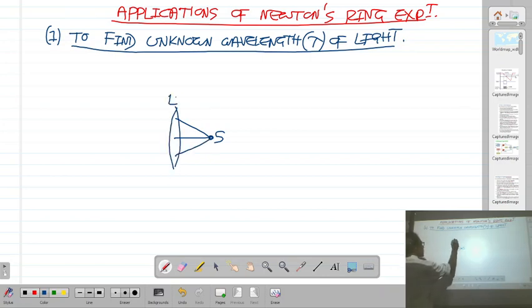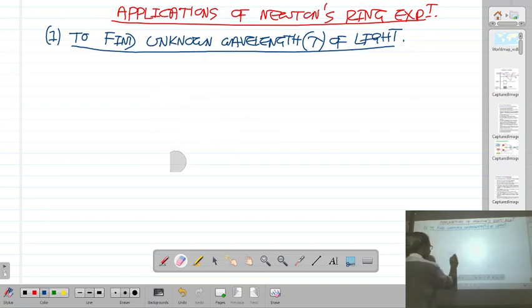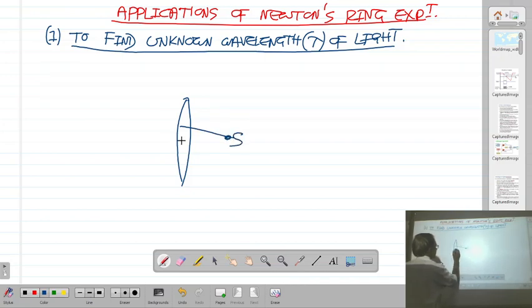Here is a lens. This lens is making the rays parallel. So this lens makes the incident rays parallel.